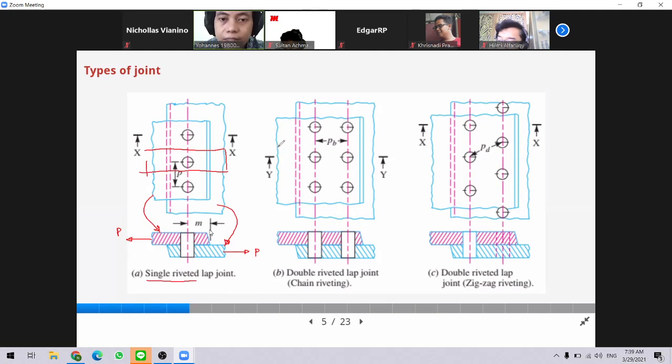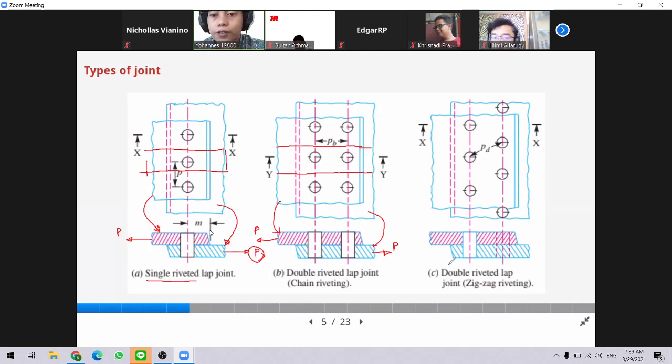And next, for a single pitch area, we have two rivets. Okay, this is the second plate, and this is the first plate. And in the overlap area, we have two rivets. And here we have the loading per pitch. This is the load for a single pitch.